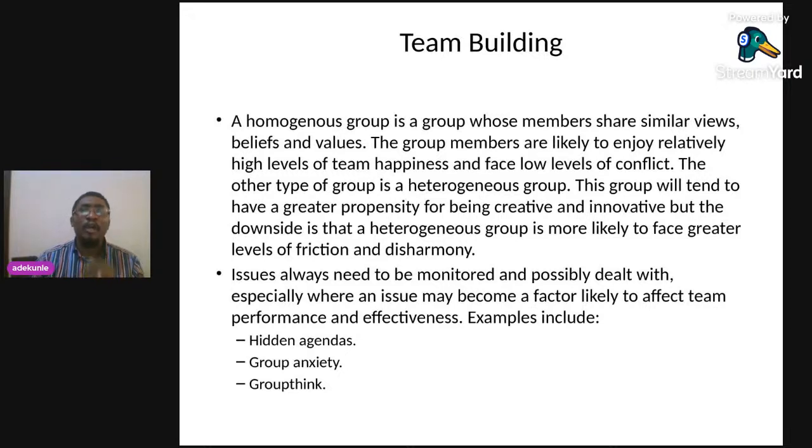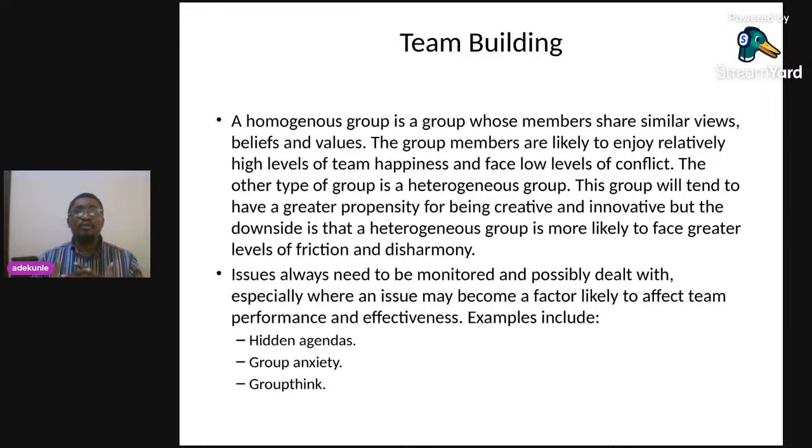Then, of course, when we talk about teams and team building, we explain that homogeneous groups are groups that have similar views, similar beliefs, similar values, and the group members are likely to enjoy themselves, and they are likely to be more effective than a heterogeneous group that are working in silos and in isolation of themselves.